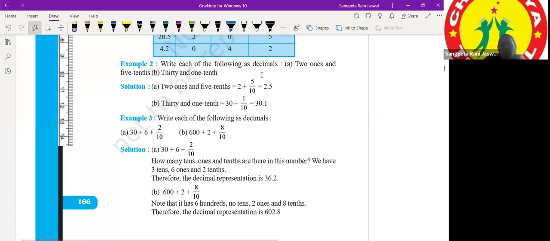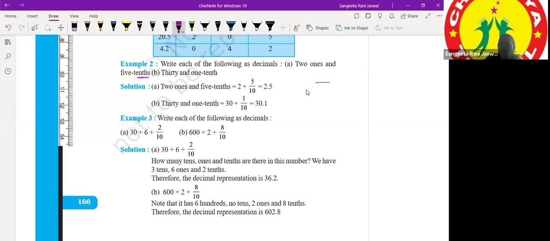Write each of the following as decimals: 2 ones and 5 tenths. Now you have to write these numbers as decimals. 2 ones is the ones place, and 5 tenths will be 5 by 10. So that becomes 2.5.